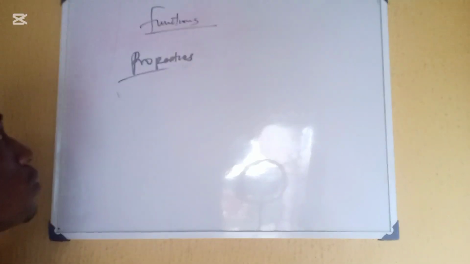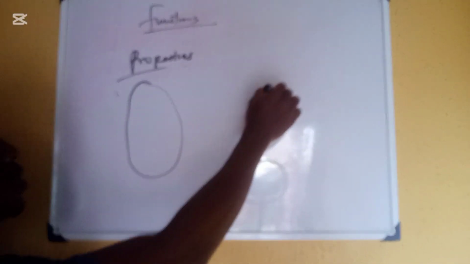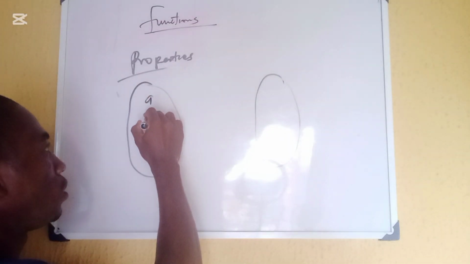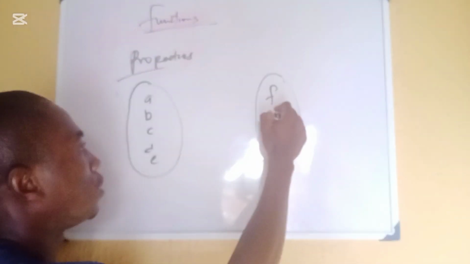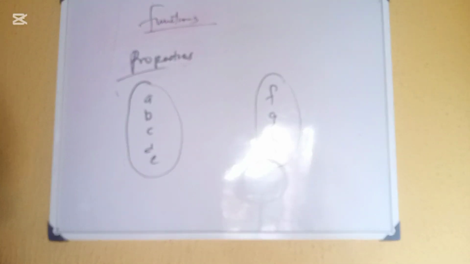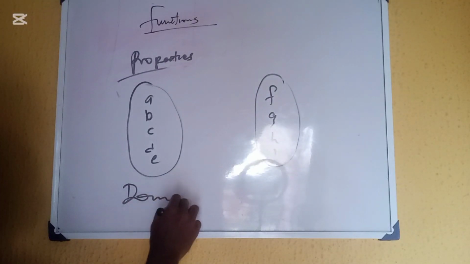The first property I want to talk about is the domain and range of a function. So a function has what we call domain and range. Now let's have A, B, C, D, E, and let's have F, G, H, I. Here we'll call this the domain.